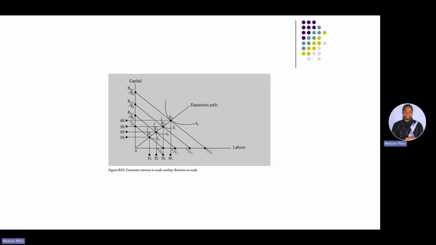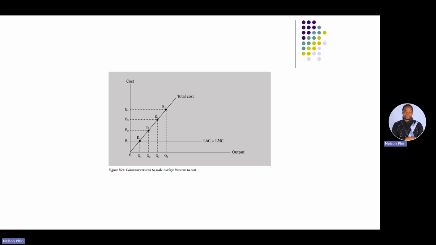So that's constant returns to scale. Also, if we were to plot it, it becomes an upward sloping line, showing us uniform changes in your labor and capital yield proportional changes. You have different equilibria there, illustrated by figures.